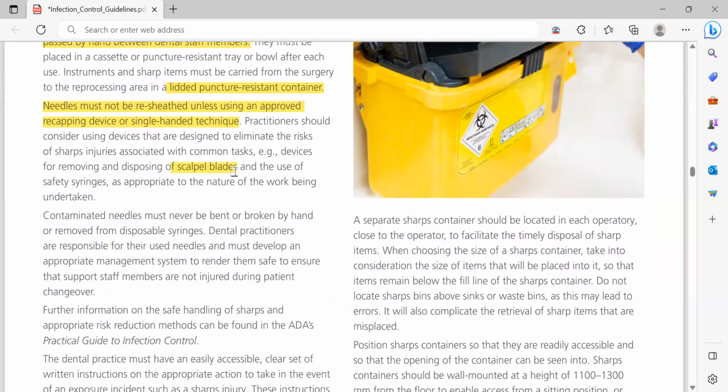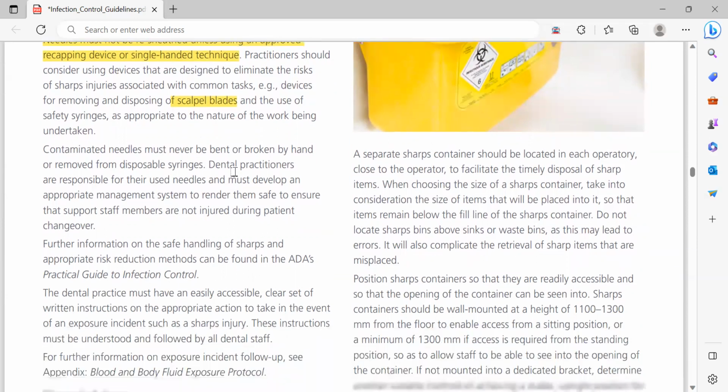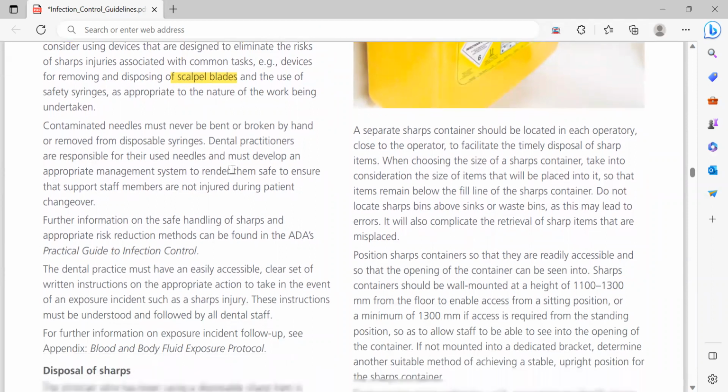So that could be very helpful to avoid any injury, as well as the use of safety syringes as appropriate to the nature of the work being undertaken. Contaminated needles must never be bent or broken by hand or removed from a disposable syringe.